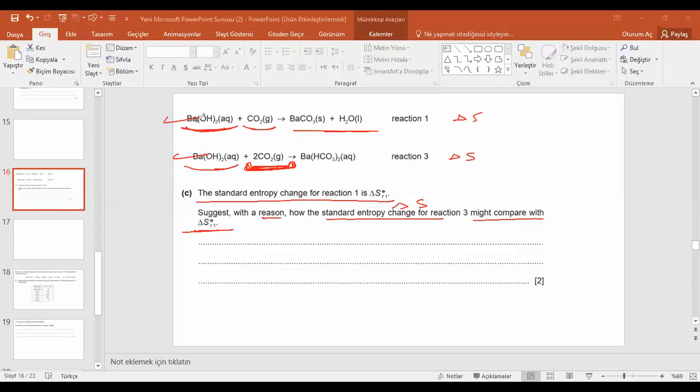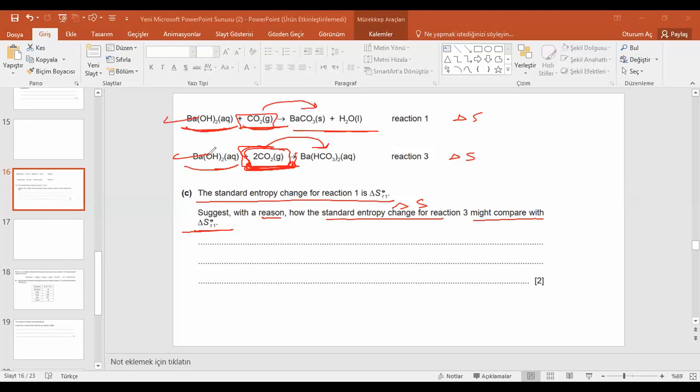So in reaction 3, 2 moles of CO2 are being converted to this product, but in reaction 1, only 1 mole of CO2 is being converted.